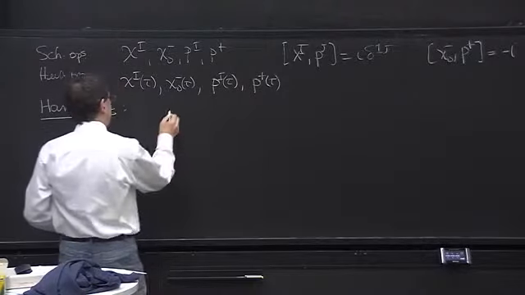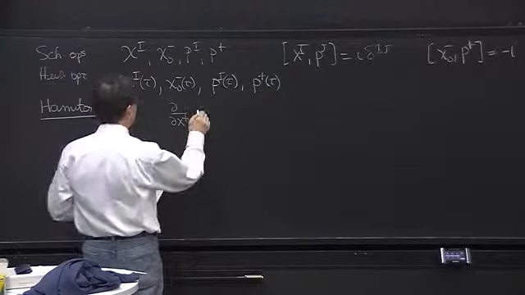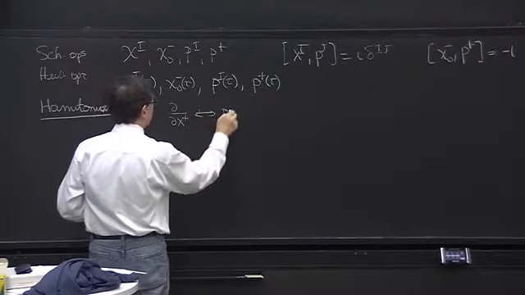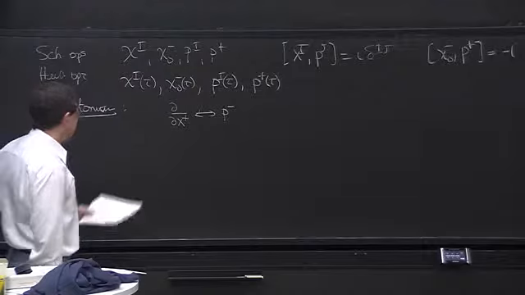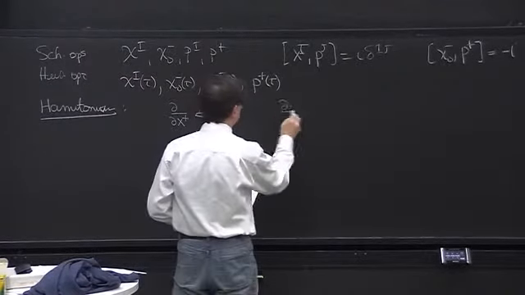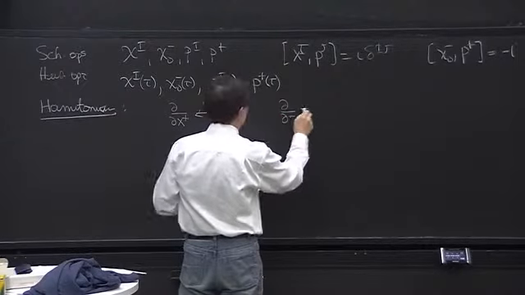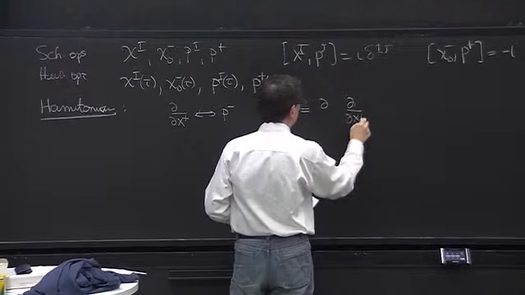By saying, well, if I wanted to evolve things with respect to x plus, I would use p minus as the Hamiltonian, because that's the energy. But I want to evolve things with respect to tau. So d/d tau is really not quite d/dx plus, but pretty close.